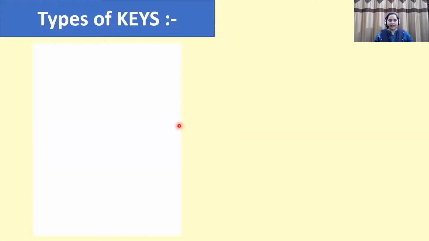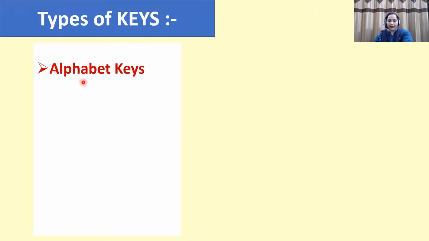So, children, in this chapter, we will study about different types of keys. Before I tell you how many types of keys are there on the keyboard, can anyone guess? Basically, children, there are 5 types of keys.